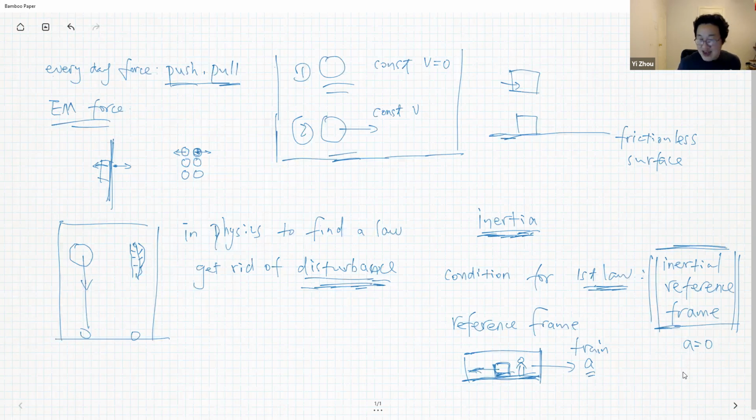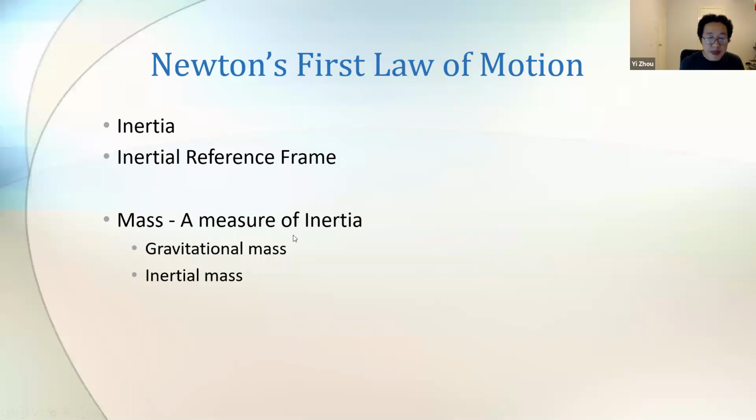But ideally, because Earth is turning, the things on the surface of the Earth will have acceleration. We'll talk about that more later in this course. All right, so the first law is called the law of inertia, and the condition is an inertial reference frame.